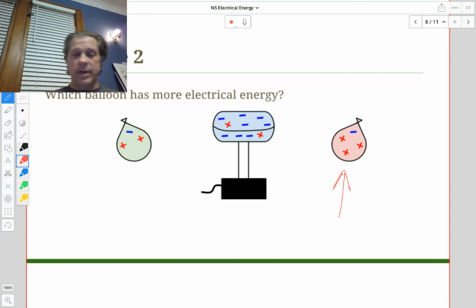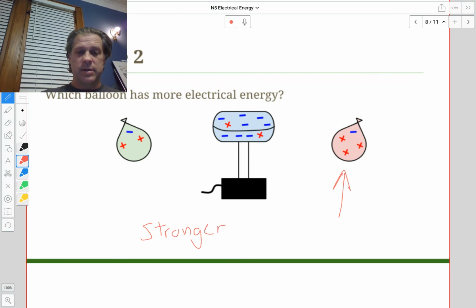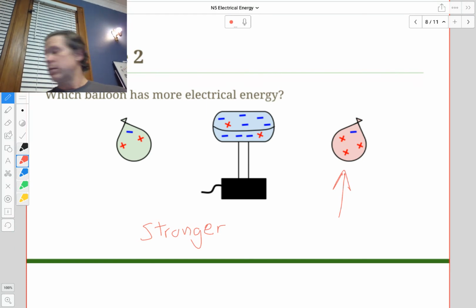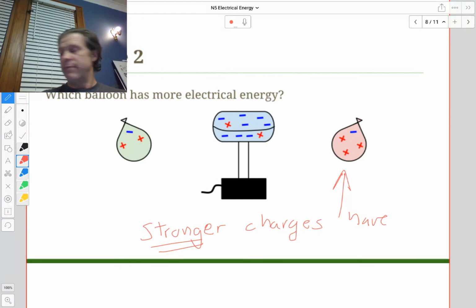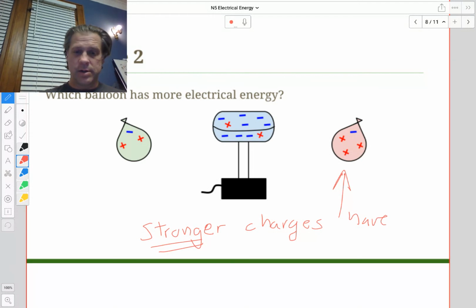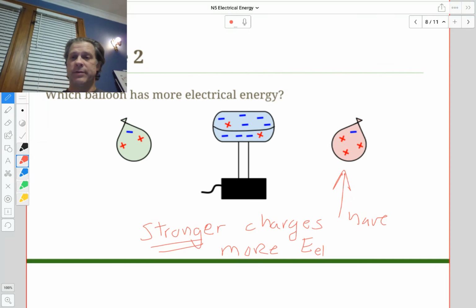We want to remember that the reasoning behind it is that stronger charges have more electrical energy. Okay, that's example number 2.